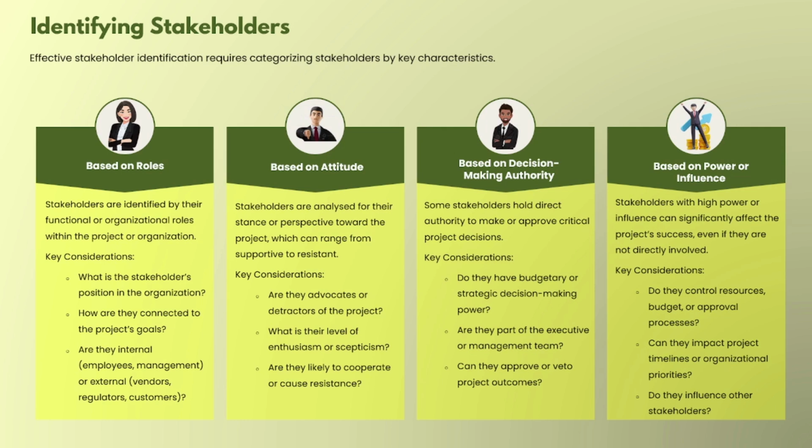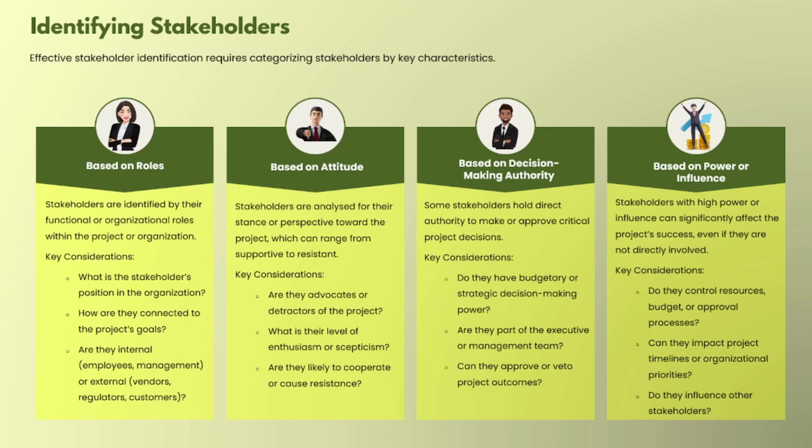First we need to check their role, their attitude, their decision-making authority and their power and influence as well. Well, we have already discussed that identifying stakeholders early is super important. It helps us know who is involved, who makes decisions and who is affected by the project.